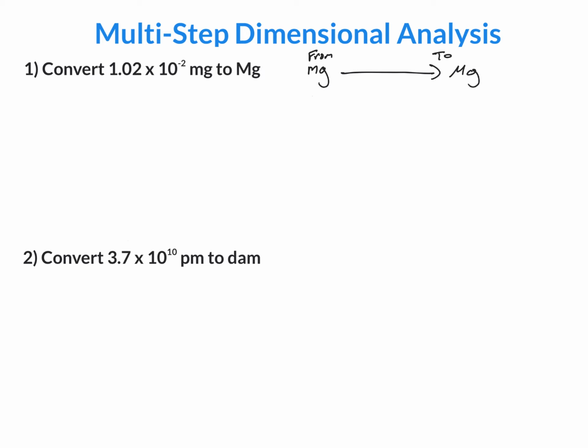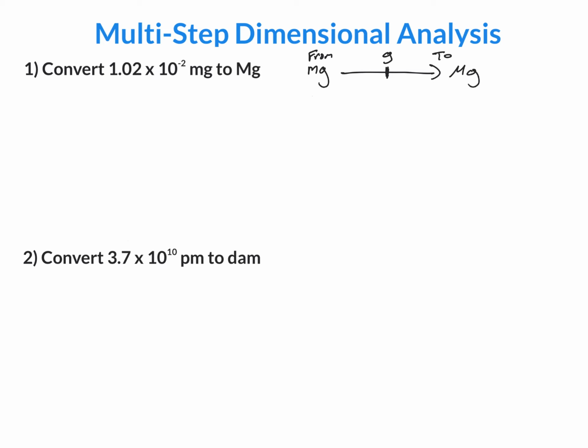Now, what we want to notice is that milligrams to megagrams, we didn't memorize one single conversion factor. So in order for us to get from milli to mega, what we want to do is first go to grams, because that's the conversion factor we know, right? We know milligrams to grams, and then we know grams to megagrams.